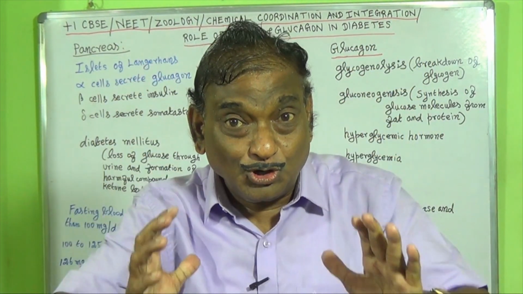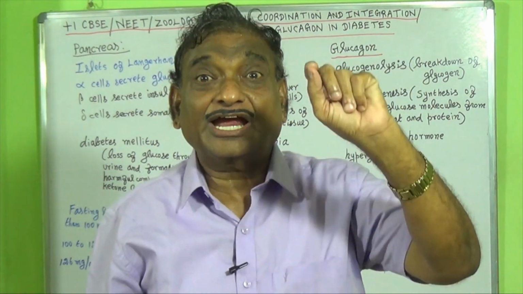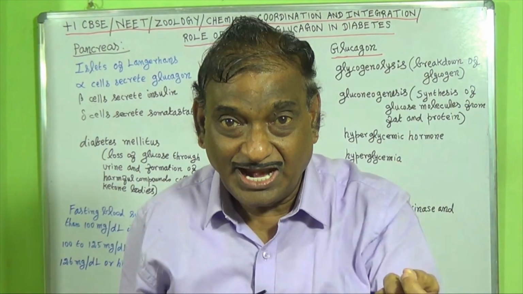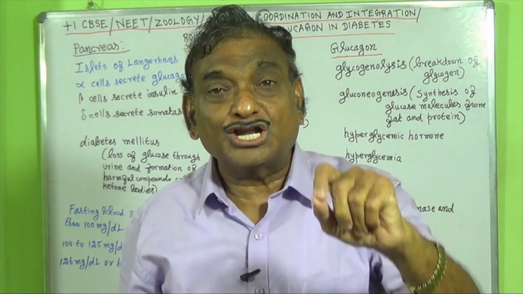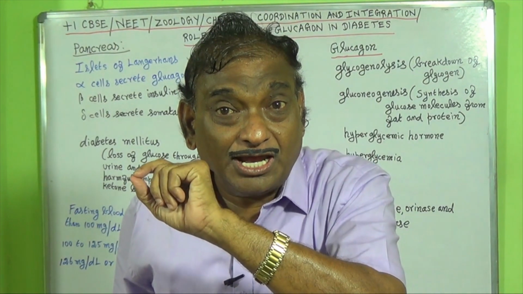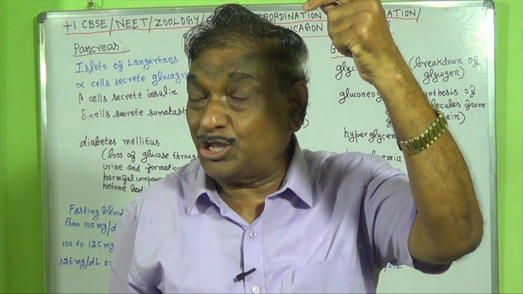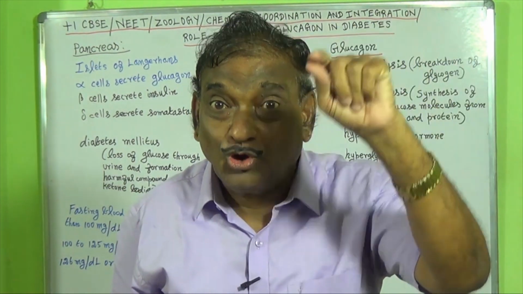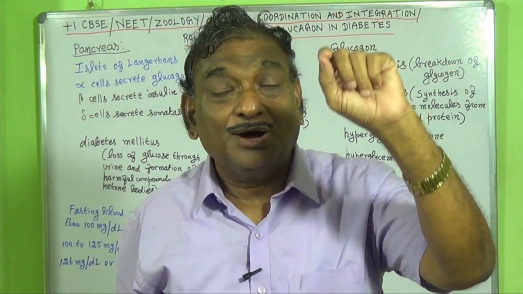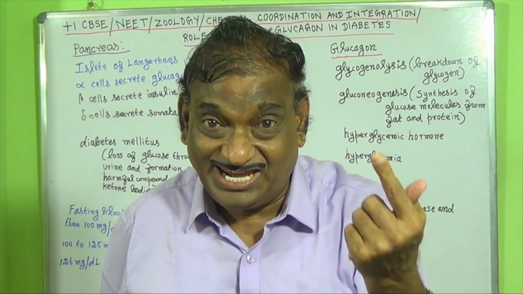excess of glucose in the blood, that excess of glucose is converted into glycogen and the glycogen is stored in the liver. The insulin not only converts the excess amount of glucose into glycogen, but also converts the excess amount of glucose into fatty acids.